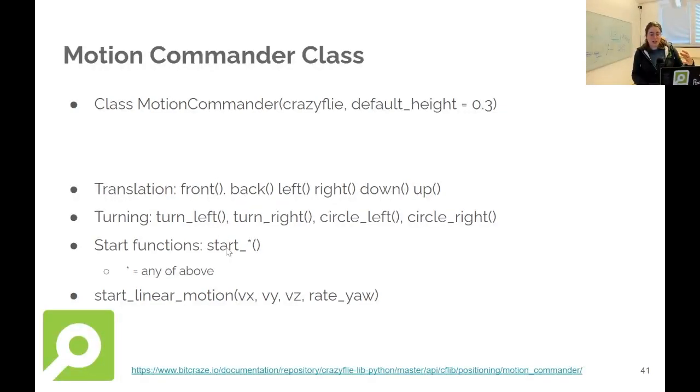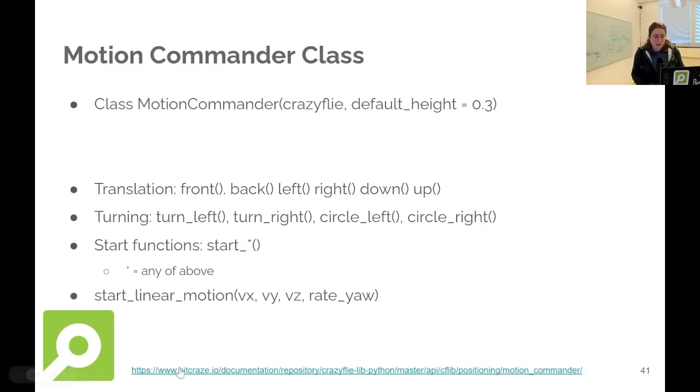So anything like start_front or start_back is a non-blocking motion function. And of course, the start_linear_motion one is the one that you're probably going to use eventually in your competition as well, among others. With that you can add the velocity in body-fixed axes and then the yaw rate.